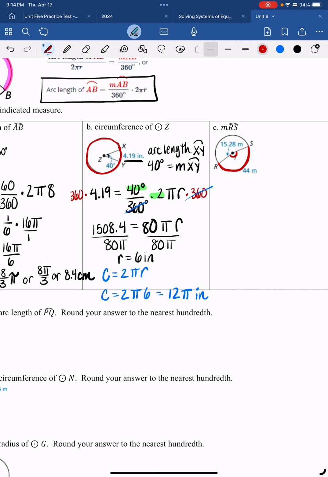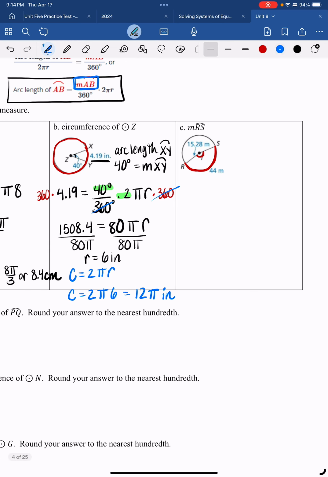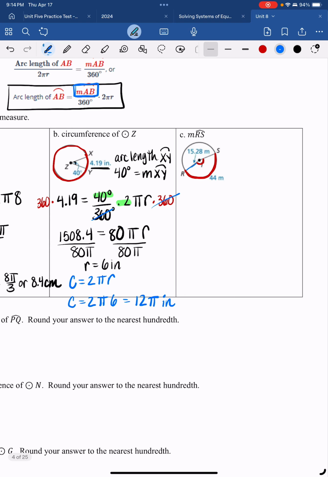As far as what part of the formula that is, that would be this right here. So we'd be looking for solving for this part of our formula. As far as what we have, this 15.28 meters is going to be our radius.